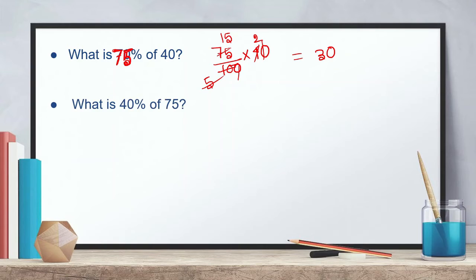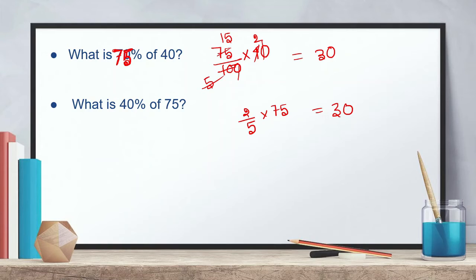Now, if you are asked what is 40% of 75? So 40% of 75 is equal to 2 by 5 multiplied by 75. That is equal to 30. You can ask me, how can I remember 40% is equal to 2 by 5?